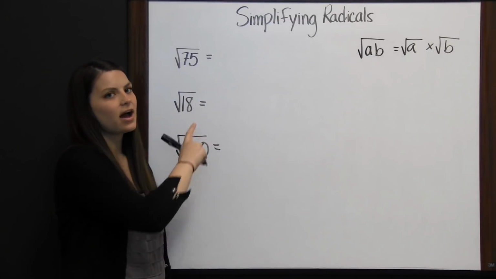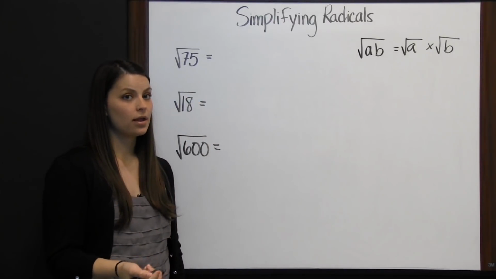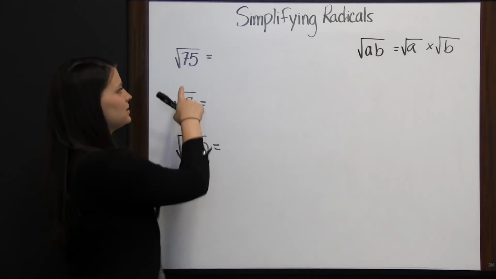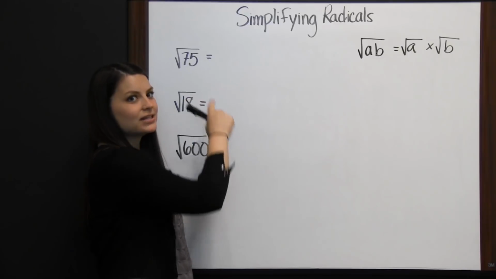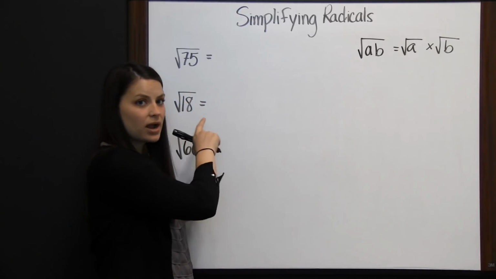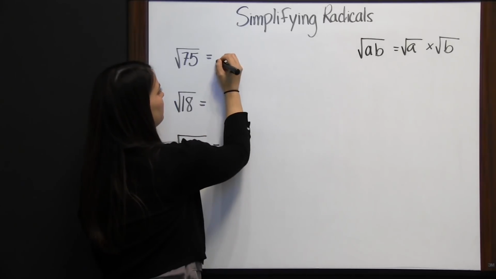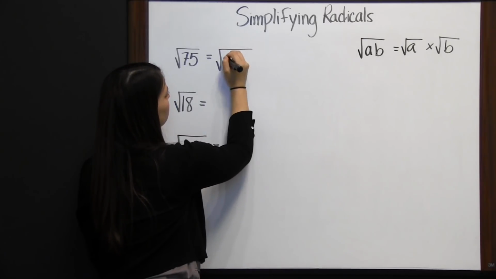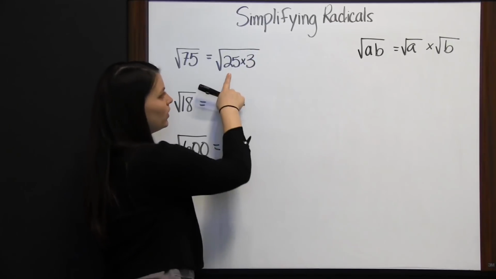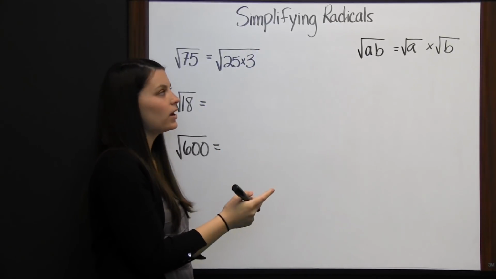So 75 is not a perfect square, but it does contain a perfect square, because 75 is 25 times 3. So I'm going to rewrite the square root of 75 as the square root of 25 times 3. 25 is a perfect square.